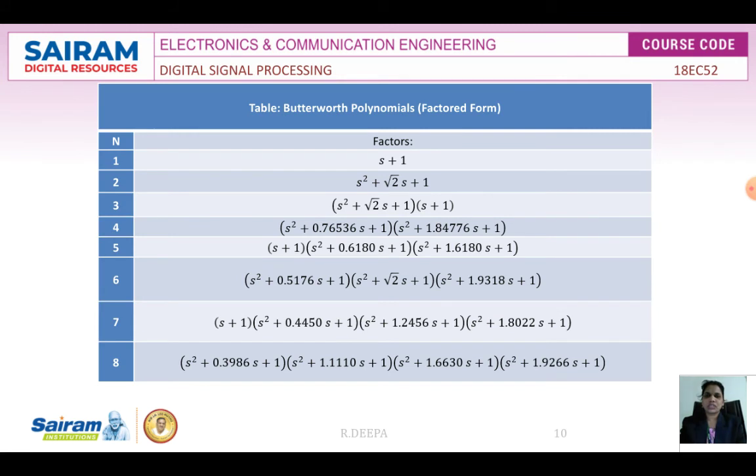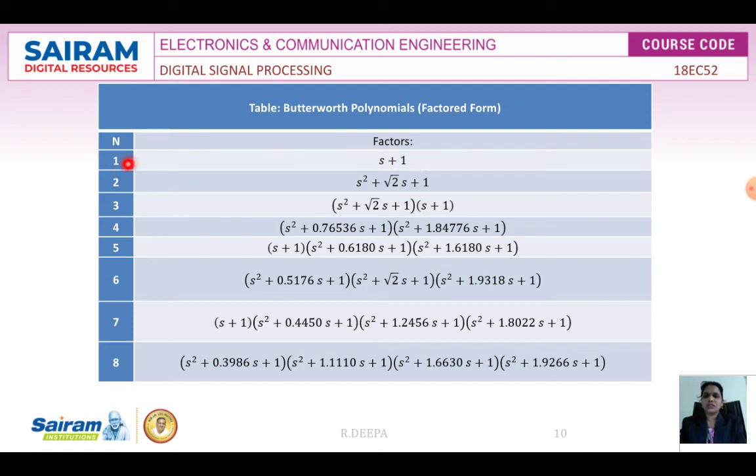You have a table for different values of n, starting from 1, 2, 3 up to 8, giving the Butterworth polynomial. So instead of calculating the poles and identifying the poles on the left hand side, you directly have the Butterworth polynomial, which is calculated based on the poles which lie on the left hand side.